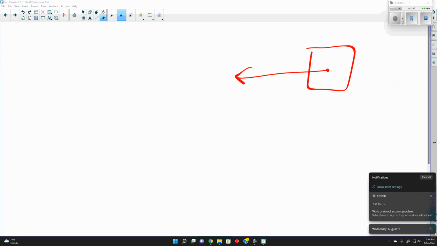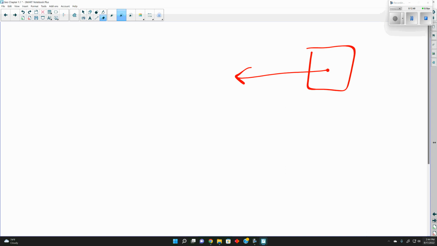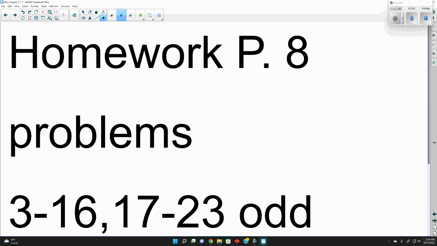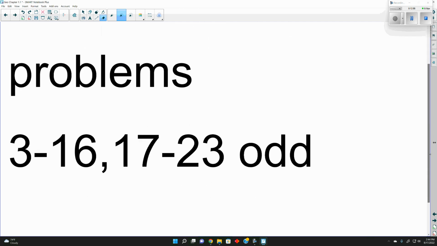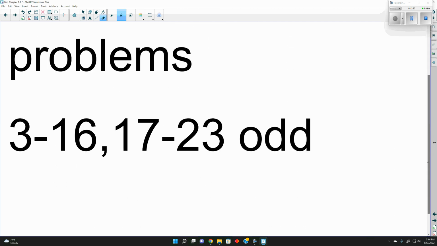Random drawing. And that's it. So we only had those 2 slides. So this is your homework. So page 8 isn't too important because, well, it's right there. So you will be doing 3 through 16 all, 17 through 23 odd, only the odds.